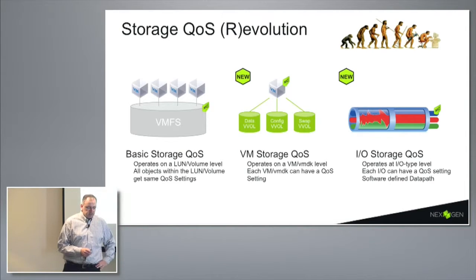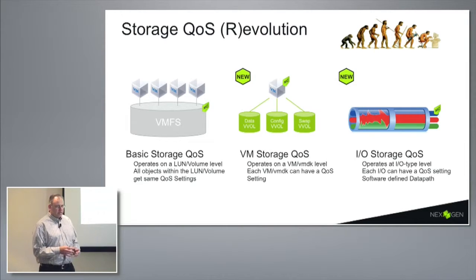And to kick this off, we see that the storage quality of service evolution or revolution that's occurring started with basic capabilities around being able to manage quality of service on a LUN or a volume level. And so that's obviously a good start.